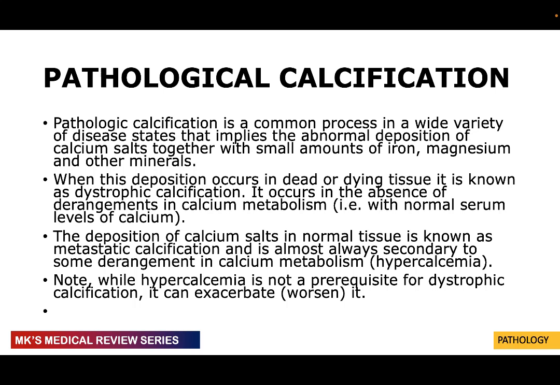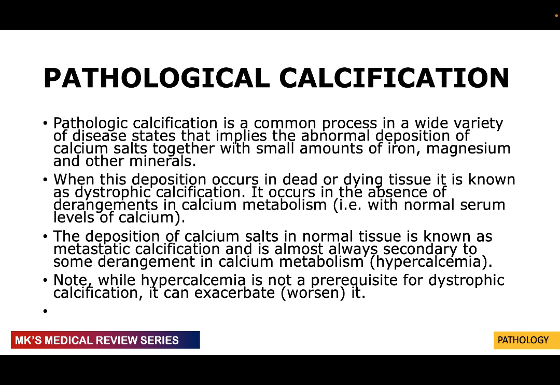In terms of calcium or calcification, it may be pathological. Remember, in a wide variety of disease states, you may get abnormal metabolism of calcium, and calcium salts, together with small amounts of iron, magnesium, and other minerals, can deposit in certain tissues. If calcium deposits in tissues that are dead, we refer to this as dystrophic calcification.